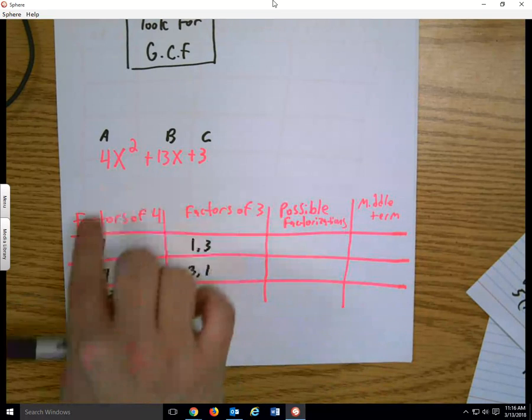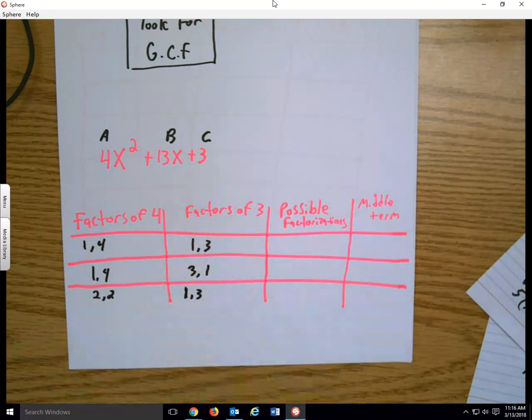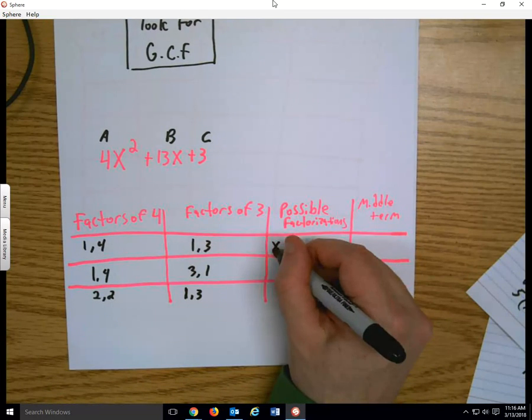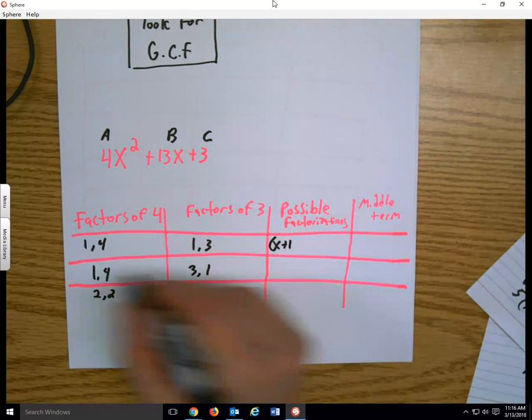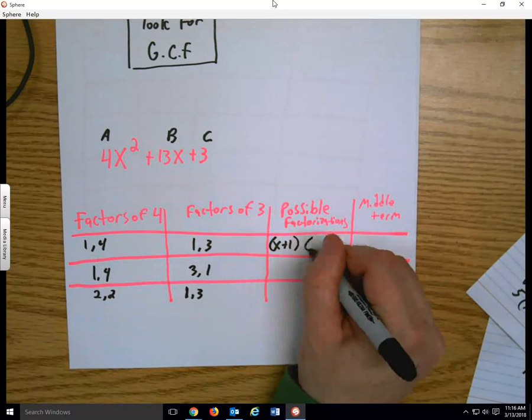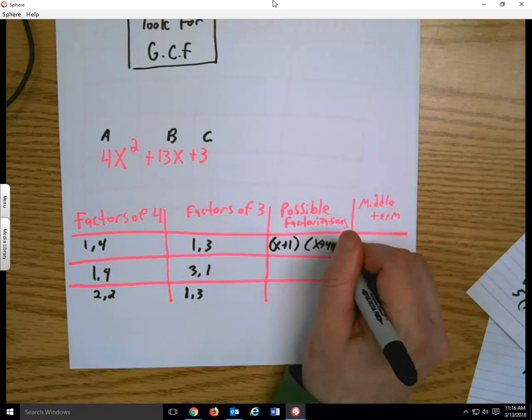So all the factors of the A term are here. All the factors of the C term are here. And then what would be the answer if we were to multiply these? So if we were to multiply an x plus 1 times an x plus 4.